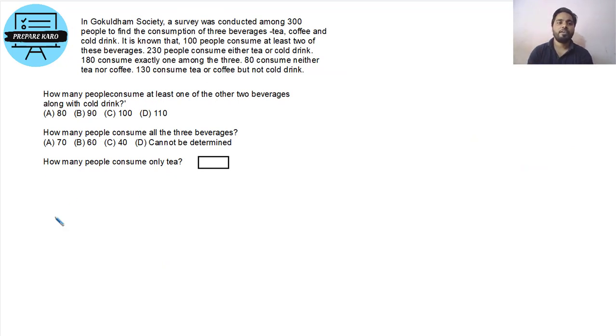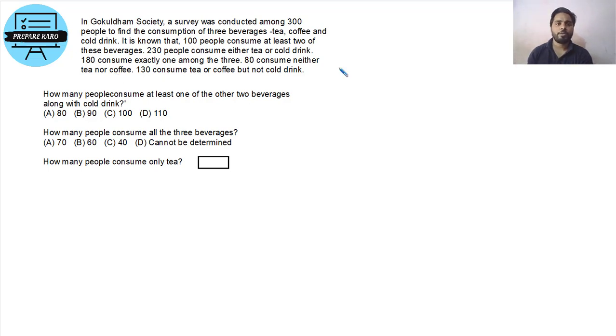It says, in Gokuldham society, a survey was conducted among 300 people to find the consumption of 3 beverages: tea, coffee, and cold drink. Right? Total 3 variables are there: tea, coffee, and cold drink. It is known that 100 people consume at least 2 of these beverages. 230 people consume either tea or cold drink. 180 consume exactly one among the 3.